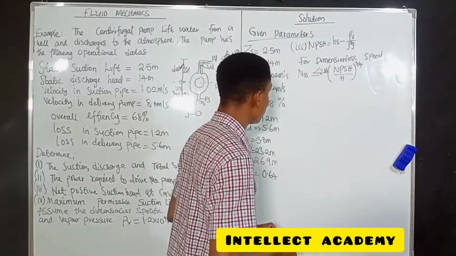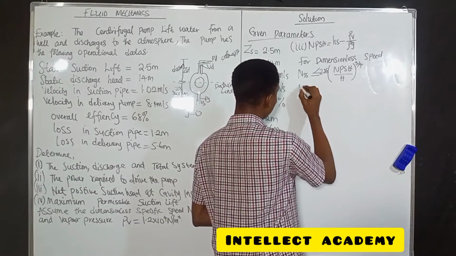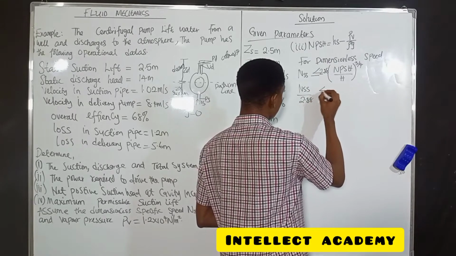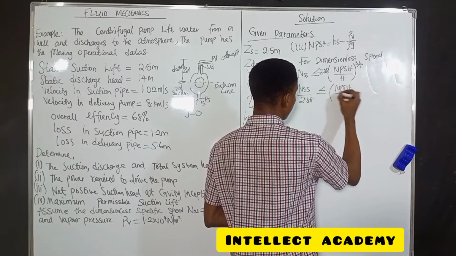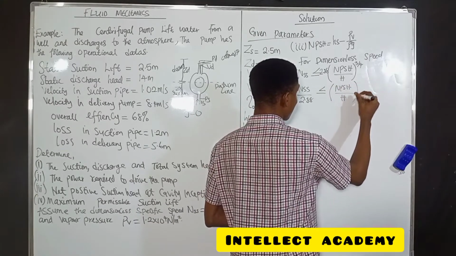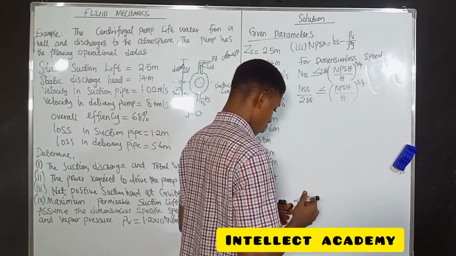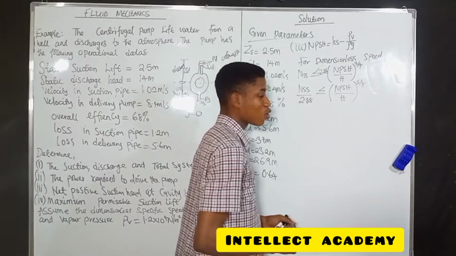First of all, divide both sides by 2.88. So we have NSS divided by 2.88 less than or equal to NPSH over H, where H signifies the total head, all raised to 3 over 4. Then we take the inverse of the power on both sides.